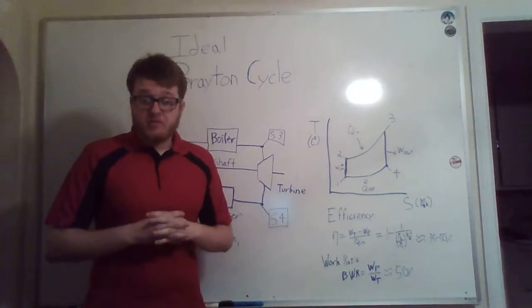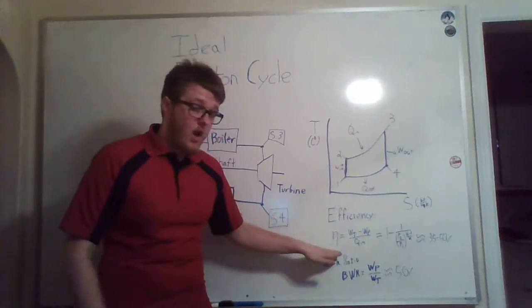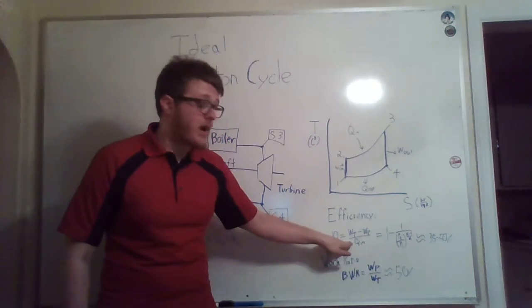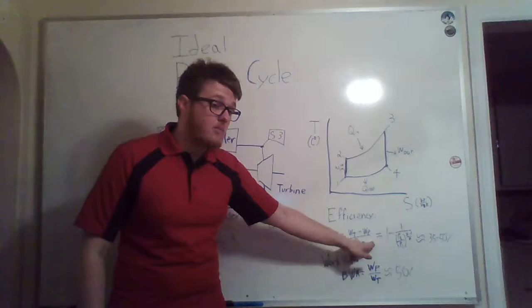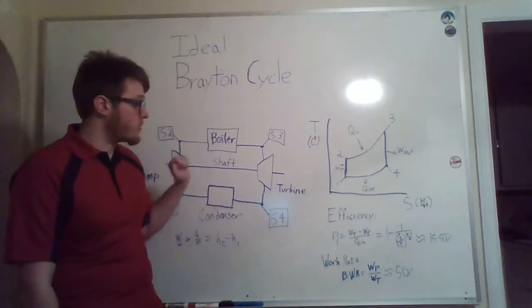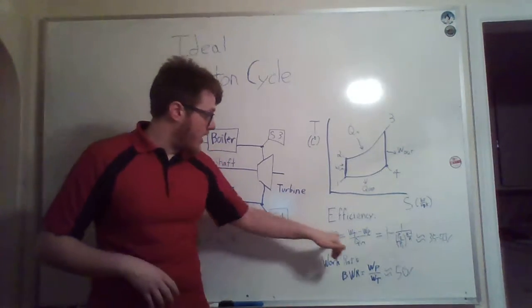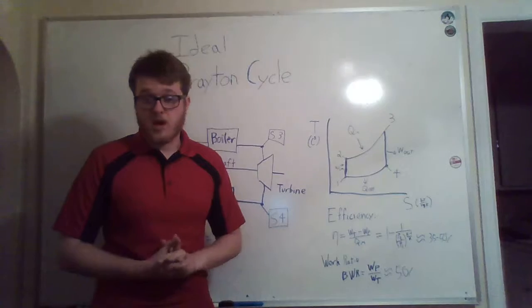Now, moving on to efficiency. We can calculate the efficiency of the cycle using this equation down here. Our efficiency is equal to the work of the turbine, subtracting the work of the pump, all over Qin, the amount of heat entered into the system from the boiler. But like I said, if we do not have all of our H values, calculating the efficiency that way is not possible.